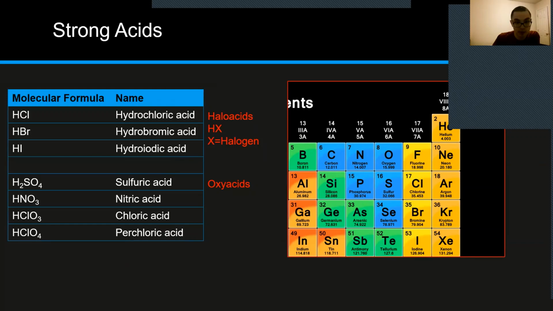These are all in group 7. These are all halogens. So an acid that is formed with a halogen is called a haloacid, right? And this is just a generic haloacid. We have HX, where X is the halogen.